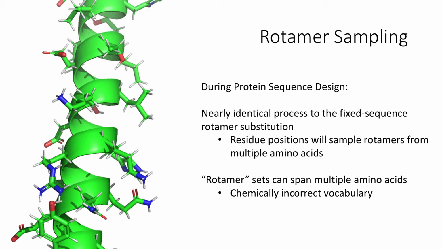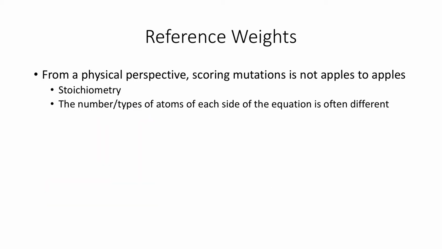Even though you change the chemistry, we still use the term rotamer. It's turning into jargon because it's no longer chemically correct, as they vary by more than just torsion angle changes. But rotamer is still the term that we use for candidate sidechain conformation. Chemically speaking, from a physical perspective, it might seem odd that you can just introduce atoms or remove atoms.